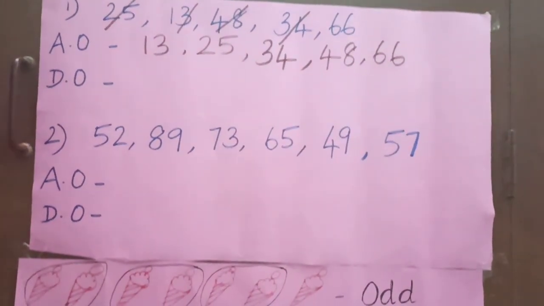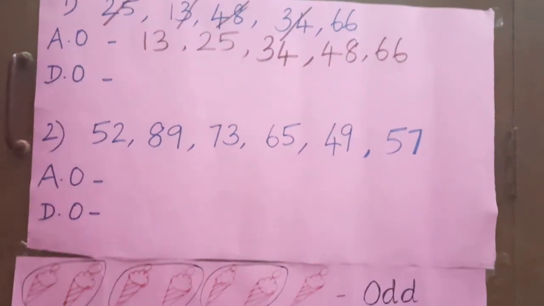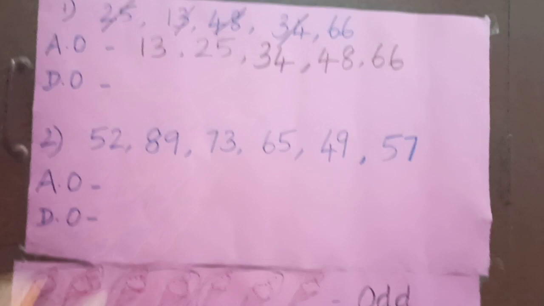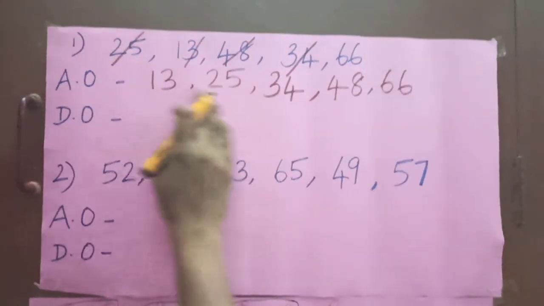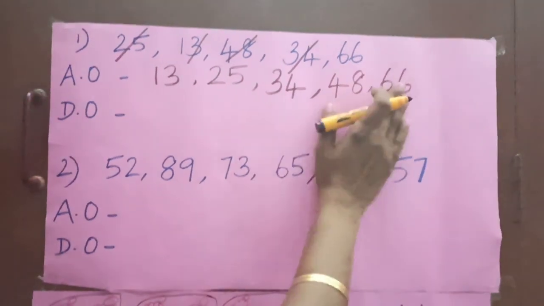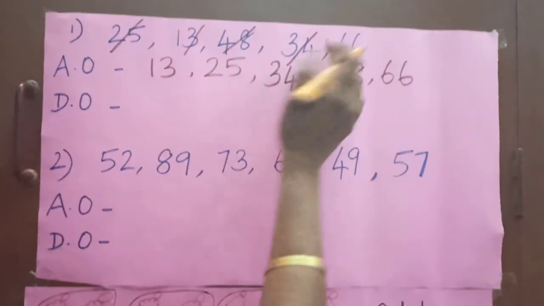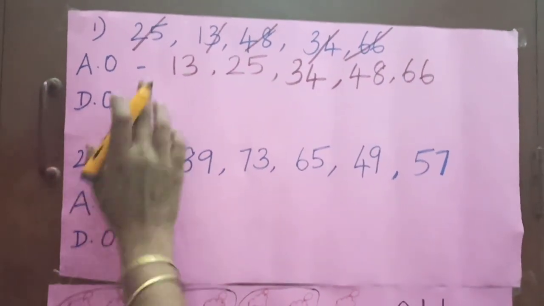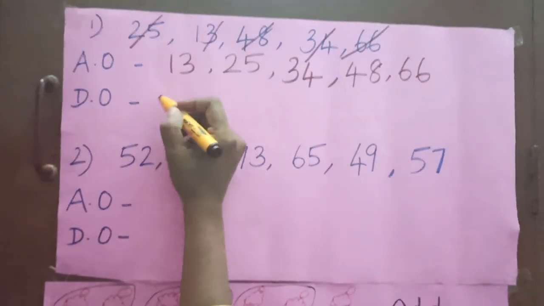Ascending order means small to big. Now, come to descending order. What is meant by descending order? Descending order means big to small. Which is the bigger number here? You have already arranged this, so you can see this and write over here. Sorry, I didn't strike out the number 66 also. Now, the bigger number of this sum, what is the number? 66.